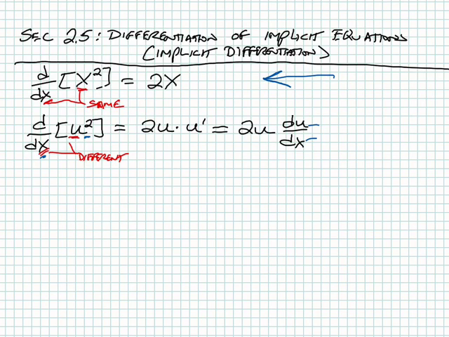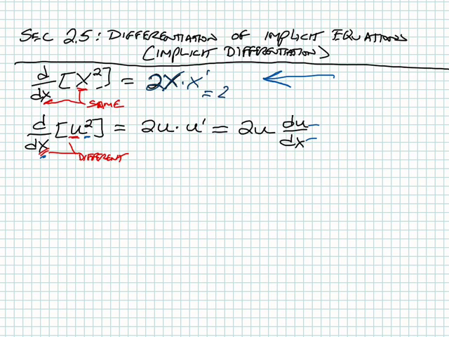Now let's go back up here, where I just have the derivative of x squared. Technically, we're doing the same thing. We didn't actually say it before, and the reason why is because learning derivative rules was confusing enough. But technically speaking, we use the chain rule with this top one as well. So if I take the derivative with respect to x of x squared, it's going to be 2x, but then times x prime.